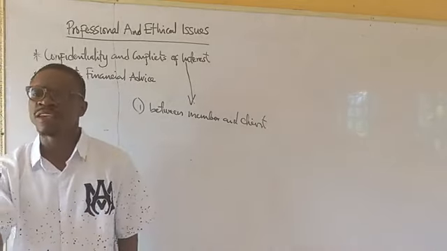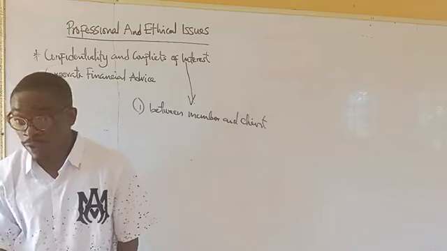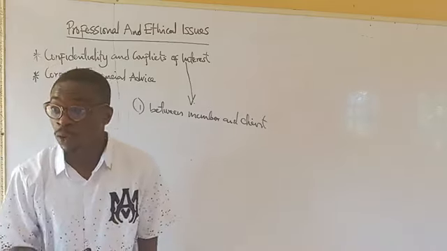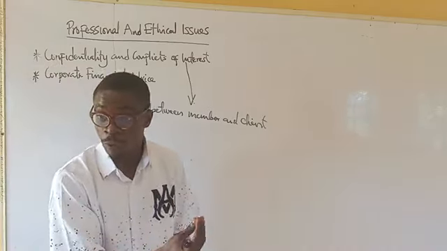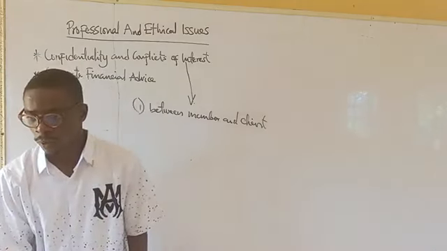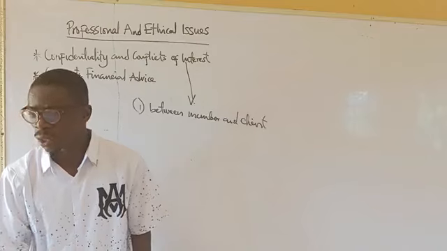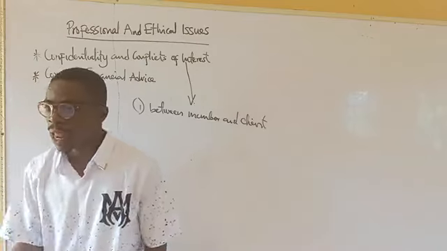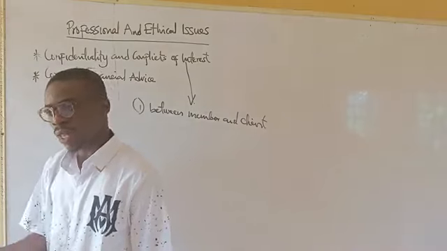Now, who can tell me the safeguard that should apply? The general safeguard is that the member should be removed from the what? From the audit team. Are we together?